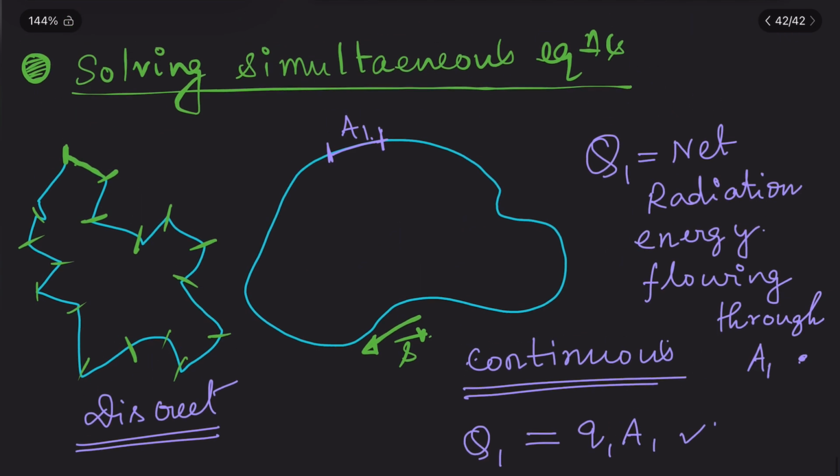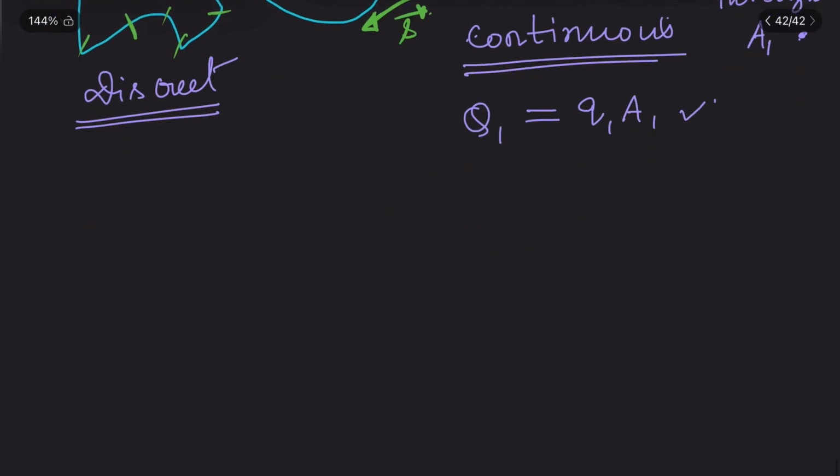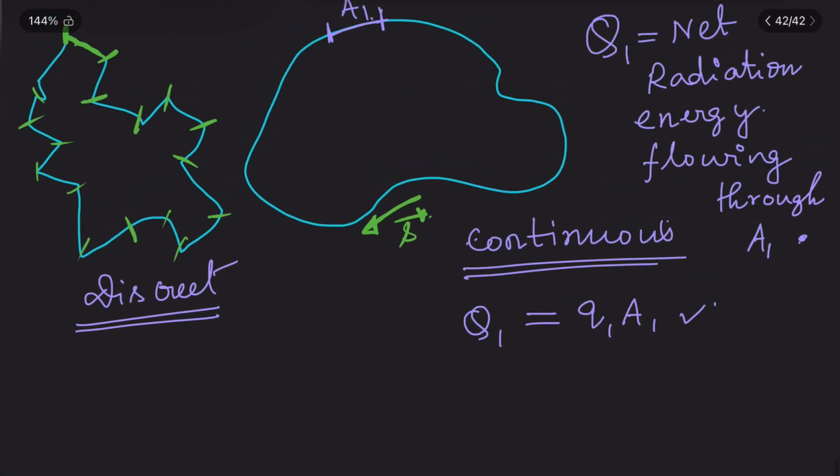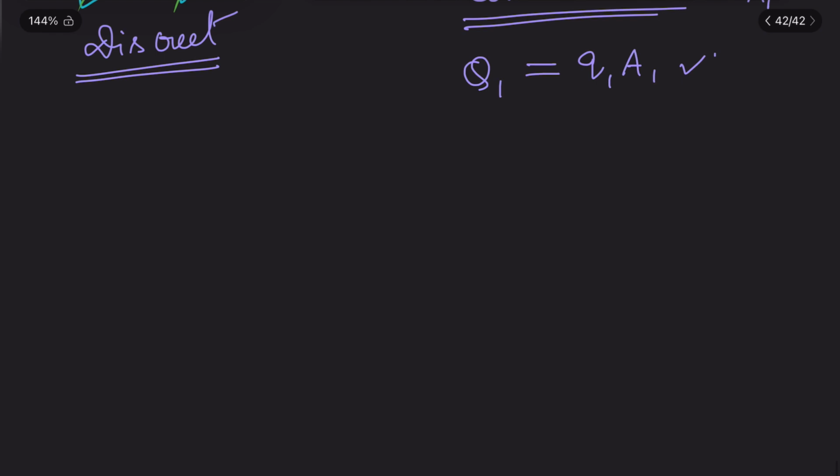Now let us see how we can do that. So I am saying solving simultaneous equations. You will soon come to know why this method is known as this. Let me introduce you to the concept of radiosity.